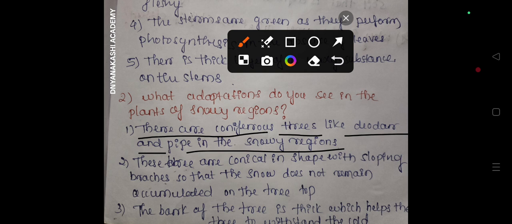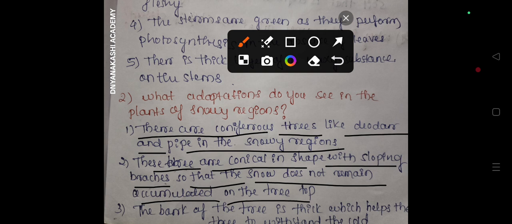Give an example for snowy region: deodar and pine are very good examples. Next point: their trees are conical in shape with sloping branches so that snow doesn't remain accumulated on top of the trees.